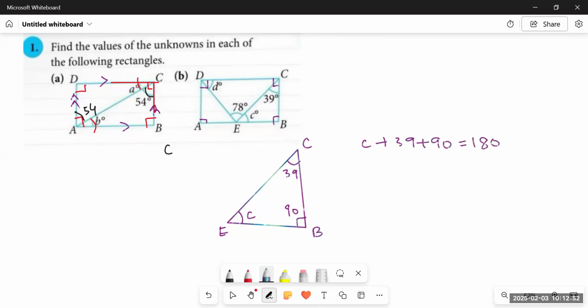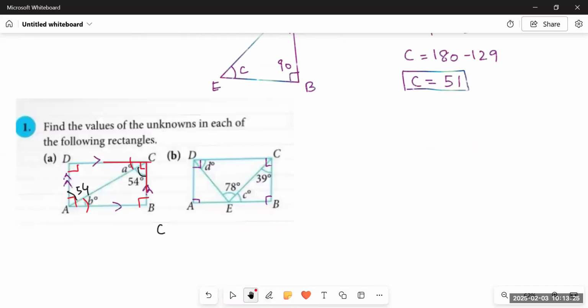Again, we have used the property of triangles, which is that the sum of angles in a triangle would always be equal to 180 degrees. So 39 plus 90 is equal to 129. And when we subtract it from 180, 180 minus 129, which would be 51 degrees. So it means angle C is equal to 51 degrees.